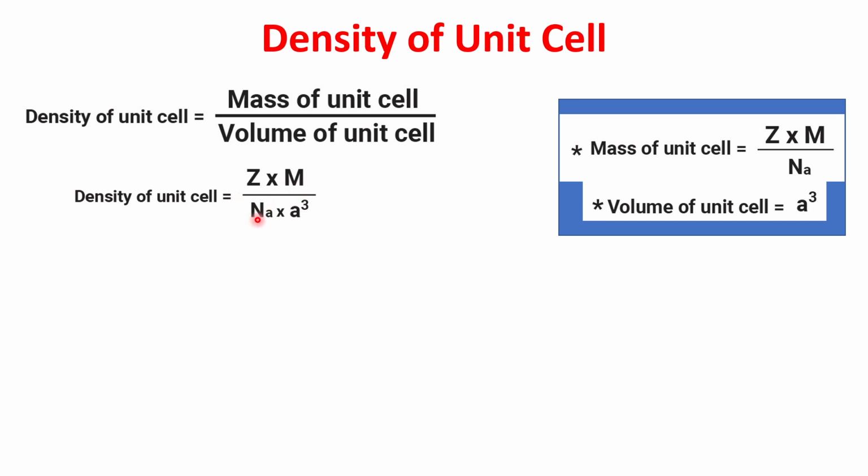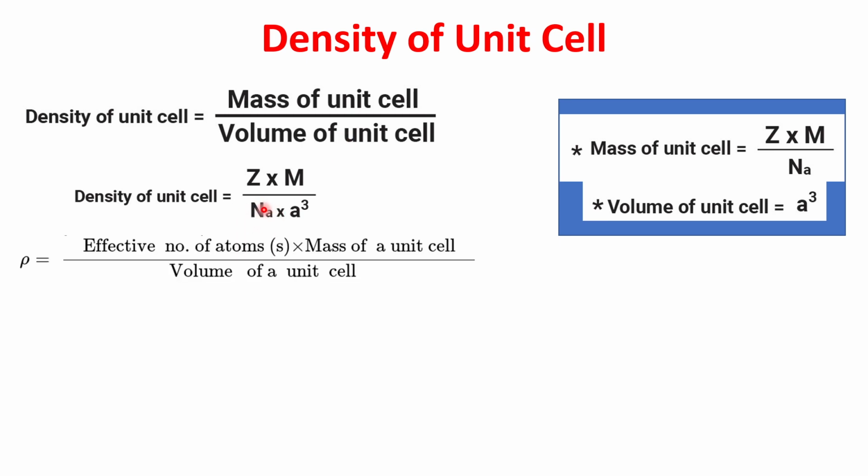We divide by Na because we are taking molar mass over here. Molar mass is equal to mass of 1 mole of molecules, but we are considering atoms present in the unit cell. We are not talking about moles. That's why we are dividing by Na, the Avogadro number.